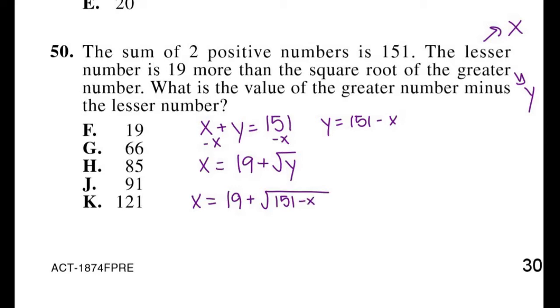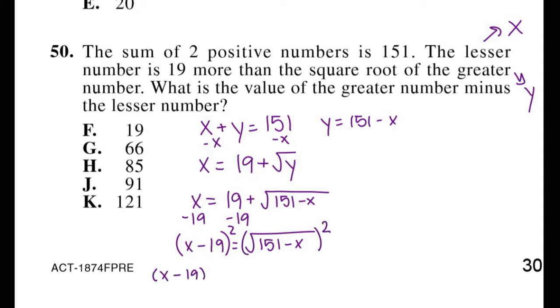We want to get everything that's a part of the radical onto one side. So we end up with x minus 19 is equal to the square root of 151 minus x. To get rid of that square root, we are going to square both sides. So we now end up with x minus 19 times x minus 19 is equal to 151 minus x.